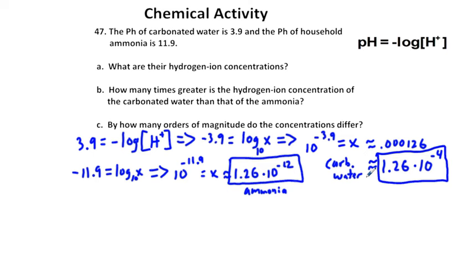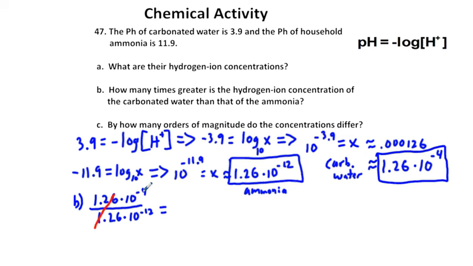So really this is part A worked out. Now part B, how many times greater is hydrogen ion concentration of the carbonated water than that of ammonia? So to do that, I'm going to just put B over here. We take this 1.26 times 10 to the power of negative 4 over 1.26 times 10 to the power of negative 12. And we have 1.26 over 1.26 canceled equal 1.